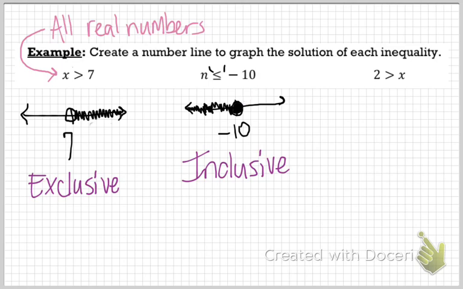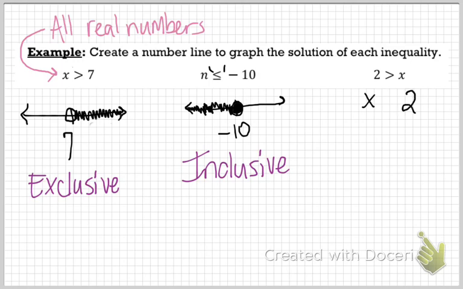Next inequality here looks a little weird because the ones that we worked with, the variable was on the left hand side. So this here, I'm going to rewrite it, and you can. I want the variable on the left hand side, and I want the value on the right hand side.